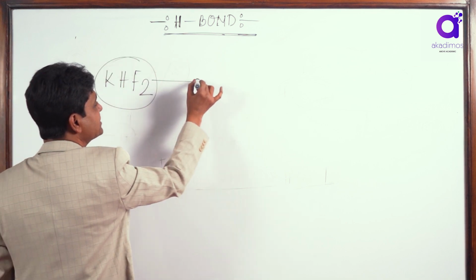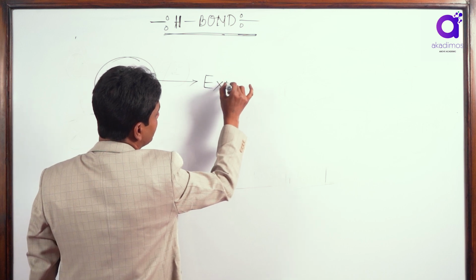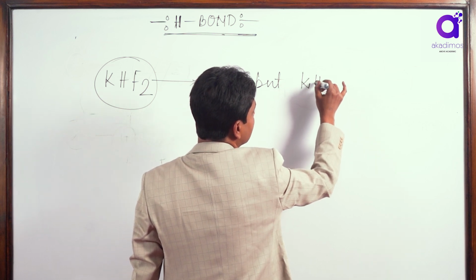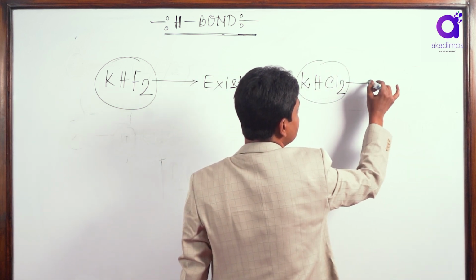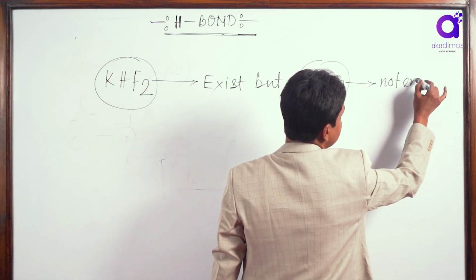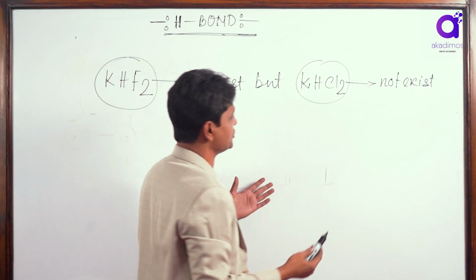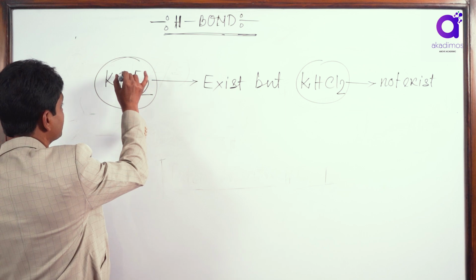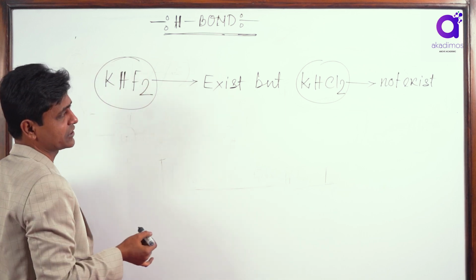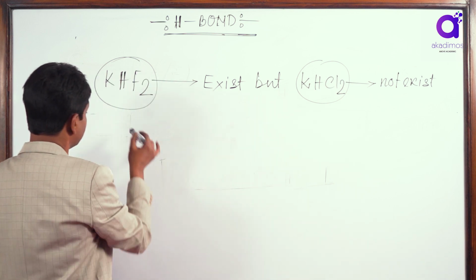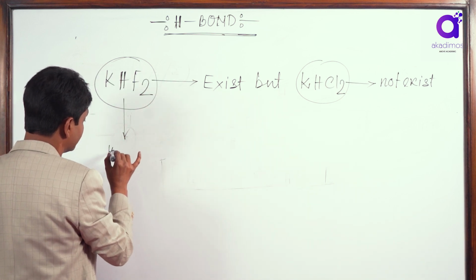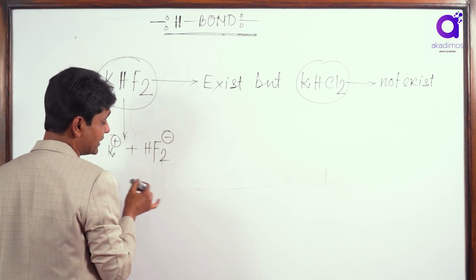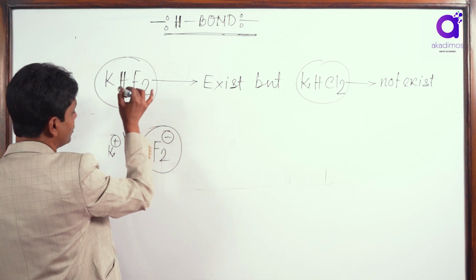The KHF2 salt exists, but KHCl2 does not exist. Similarly, KHBr2 does not exist, and KHI2 does not exist. The question will arise, why does this salt exist and why do the others not exist? Remember, this salt dissociates to K plus and HF2 minus. If HF2 minus exists, then this salt will exist.